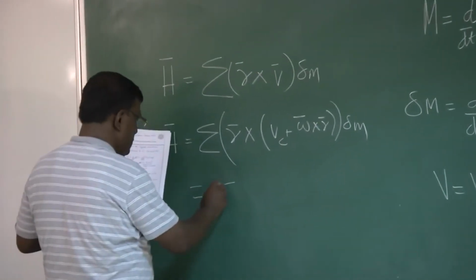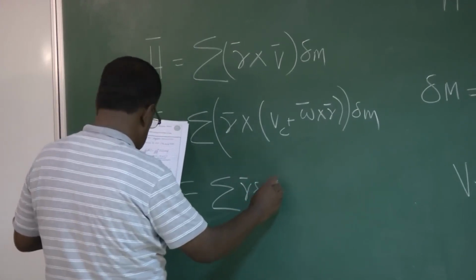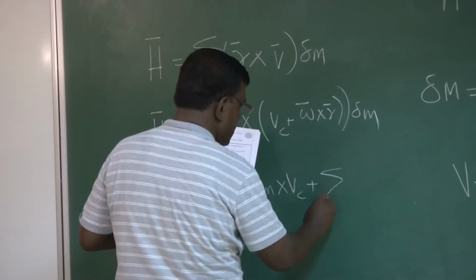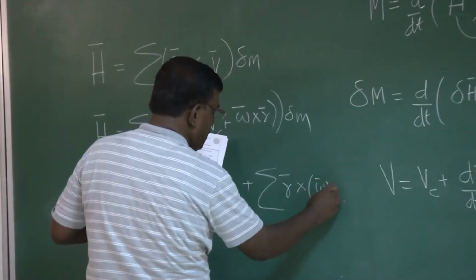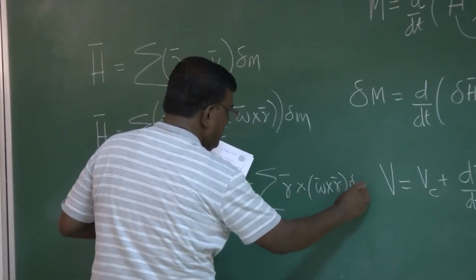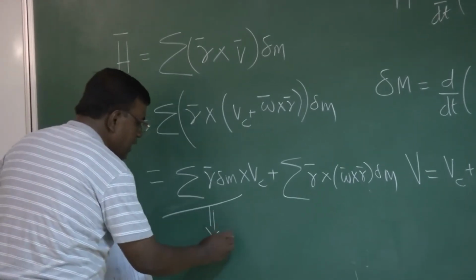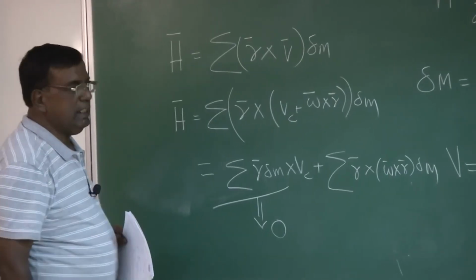I get summation of R dm cross Vc plus summation of R cross omega cross R dm. By now you are smart. Summation R dm is, by definition of center of mass, 0 because you have located the axis at the center of mass.